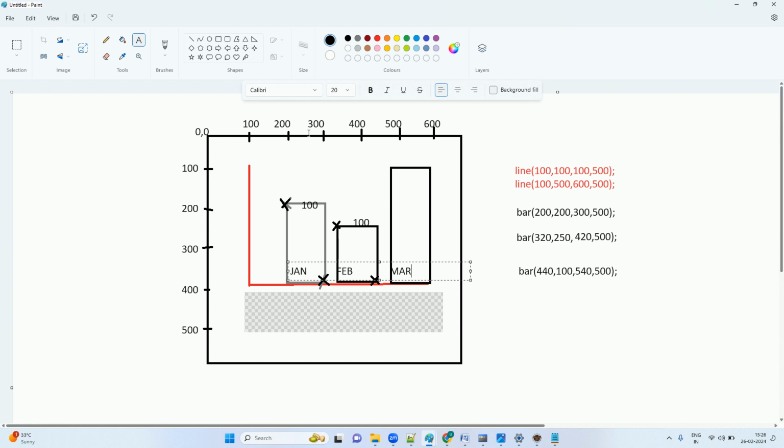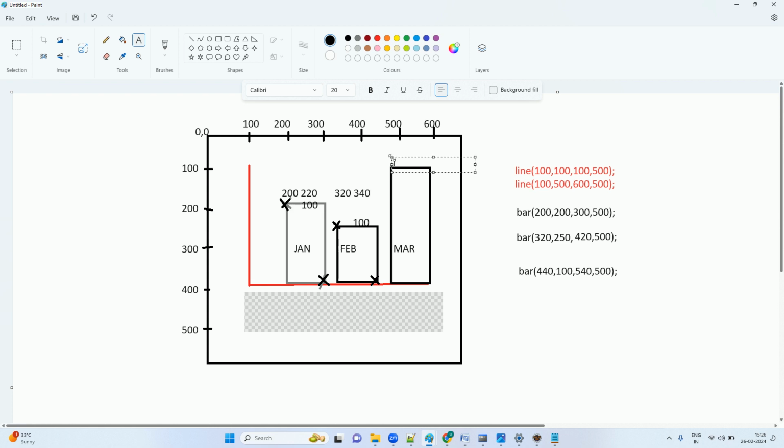Which x coordinate? This was 200, right? So I can give 220. Let's keep the y as 300. What is the value of x over here? This was 200, so plus 20 is 220. This was 320, so plus 20 is 340.